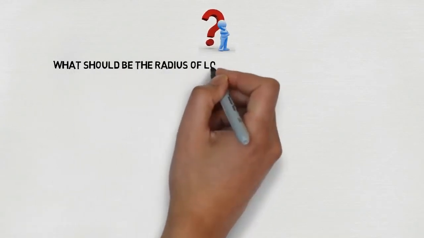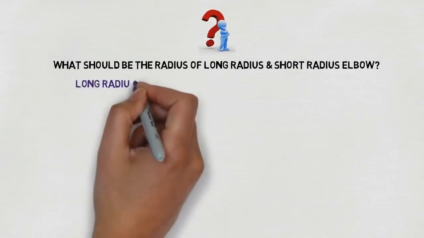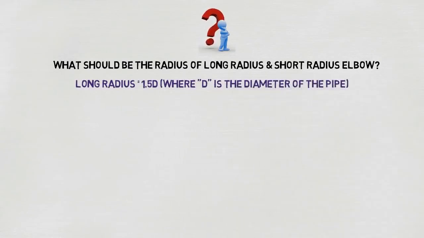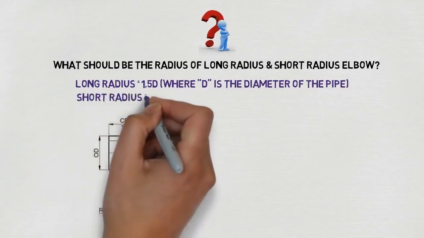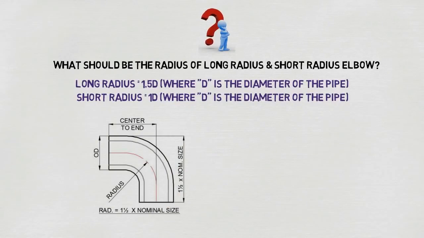What should be the radius of long radius and short radius elbow? Long radius elbow is 1.5D, where D is the diameter of the pipe. Short radius elbow is equal to 1D, where D is the diameter of the pipe.